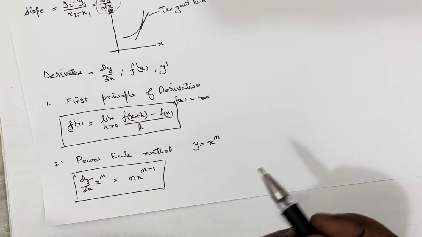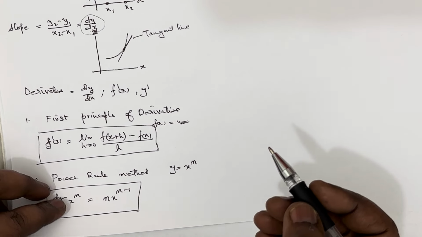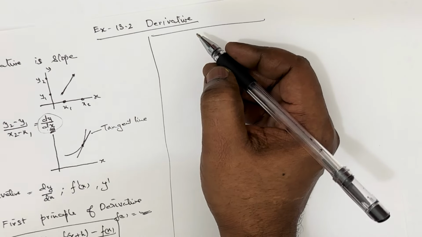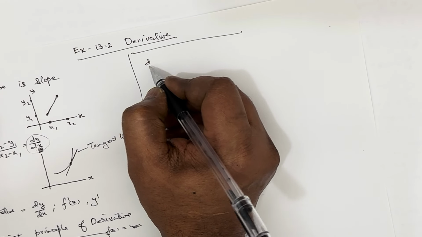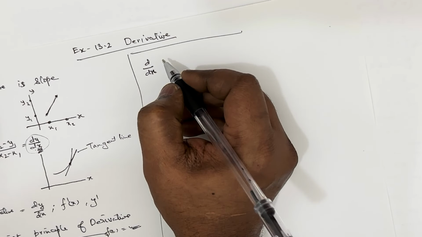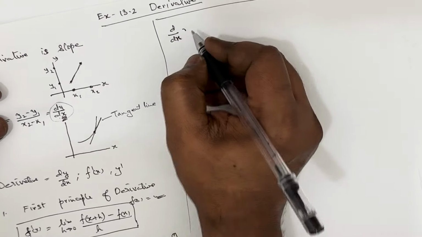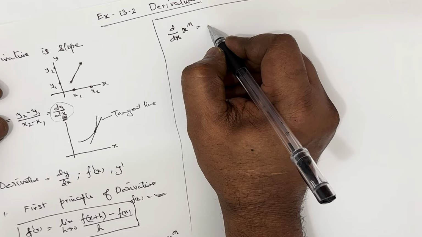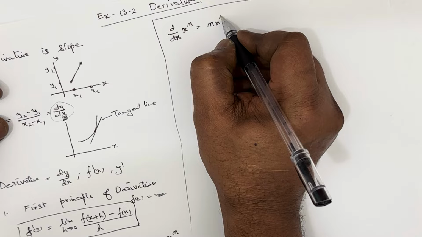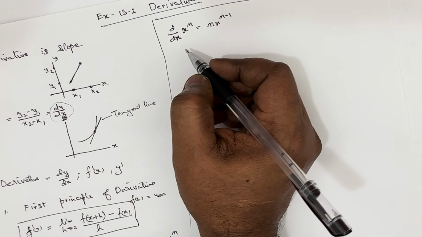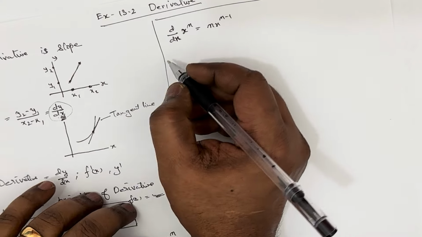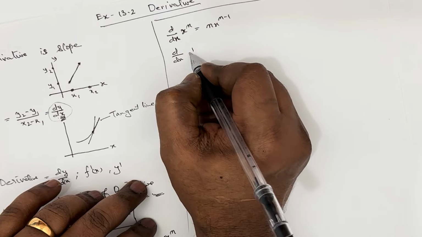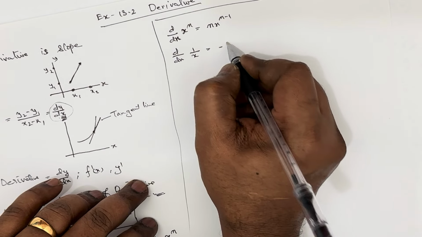Now we have a few formulas which should be remembered. dy by dx of x power n, the main formula, the power rule method, that is n x raised to n minus 1. And dy by dx of 1 upon x is equal to minus 1 by x square.